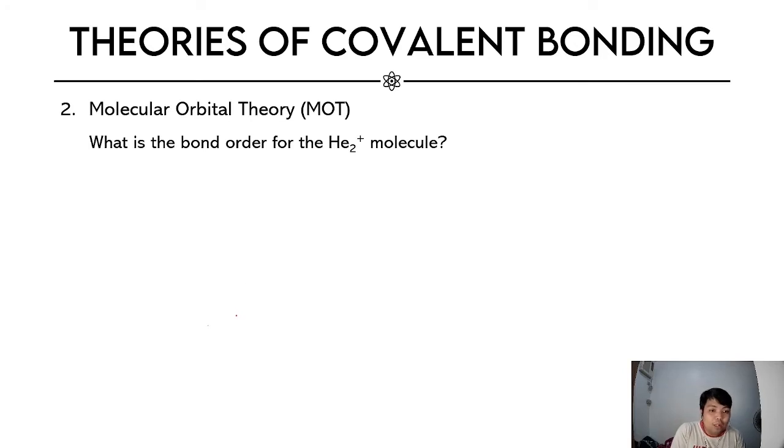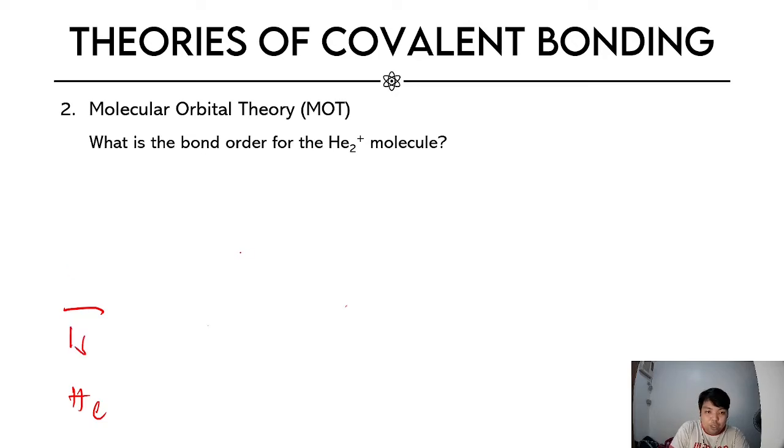In drawing the molecular orbital diagram, you first draw the atomic orbitals of the atoms participating in the bond. This is for helium. For one helium atom, this is the atomic orbital that will be participating in the bond, so that will be your 1s.